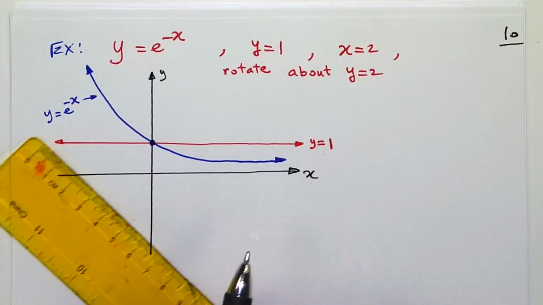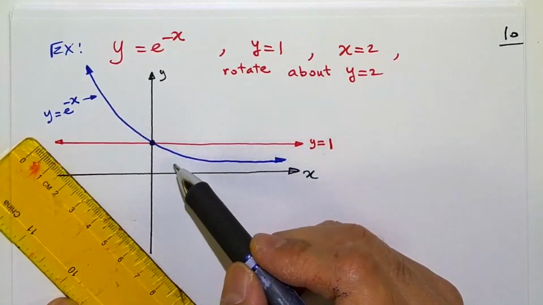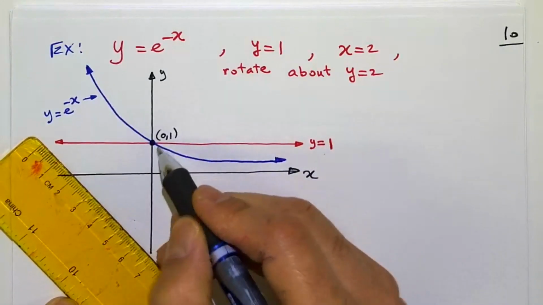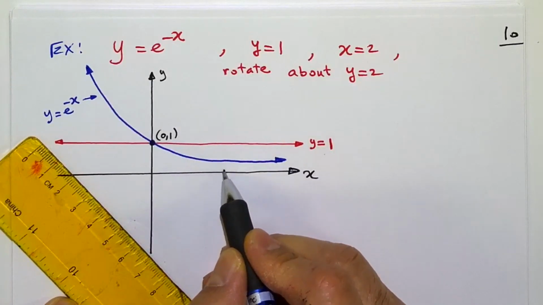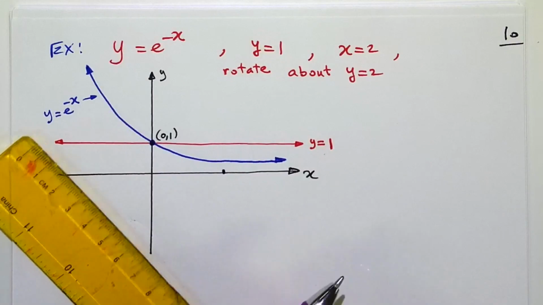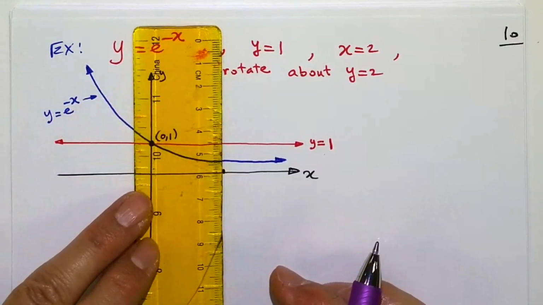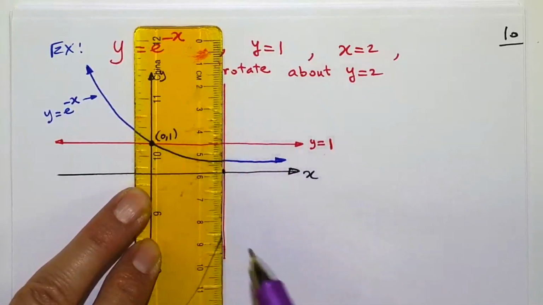Let me try to keep this to scale at least, because I didn't do it for the other drawing. So if that is 1 unit, then 2 units would be roughly here, somewhere there. And then I'm going to use, again, my red ink to draw x equals 2. Like that.